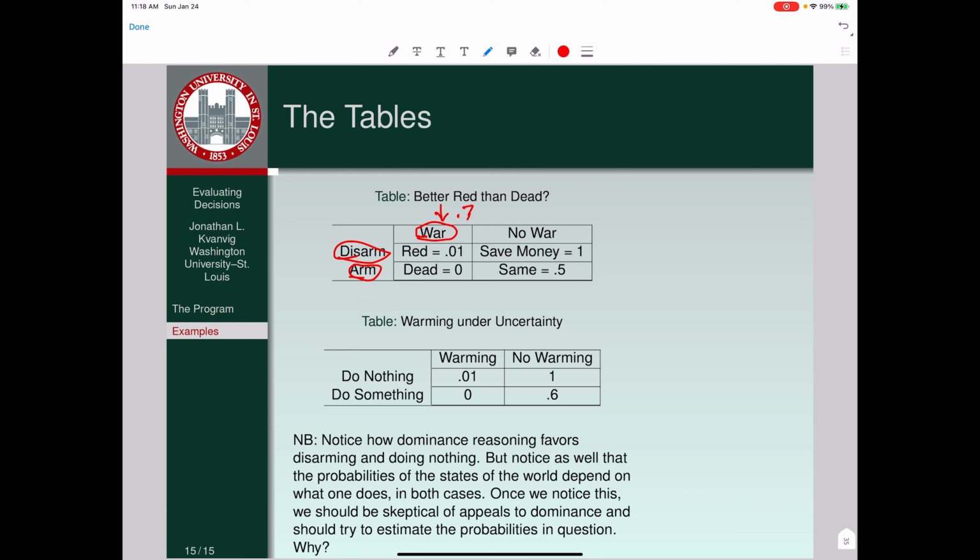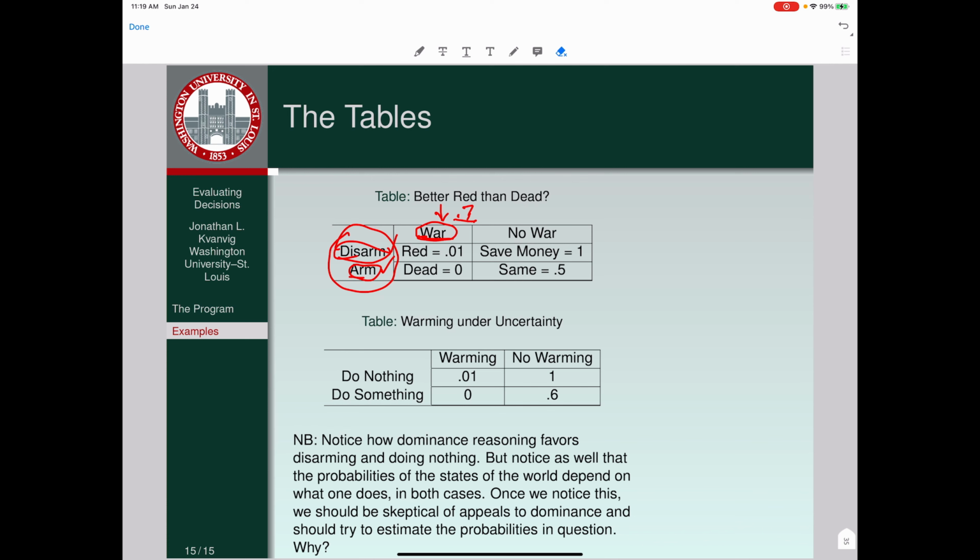That's my pessimistic outlook on the future of the world. Human beings like to kill each other. So let's just say probability of war is 0.7, probability of no war is 0.3. Well, that sums over the probabilities that depend on what we do. If 0.7 remains the same, whether we arm or disarm, then we have independence and we can do that.